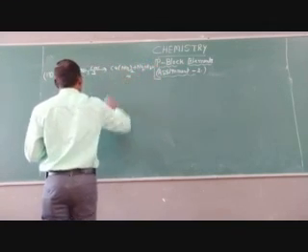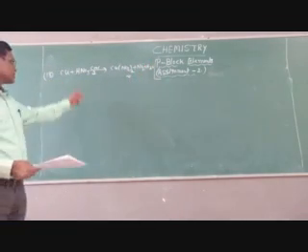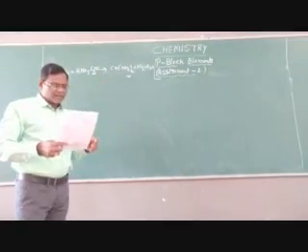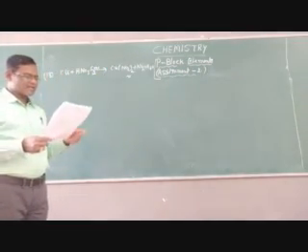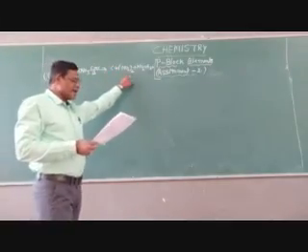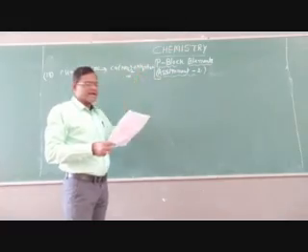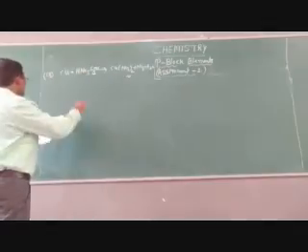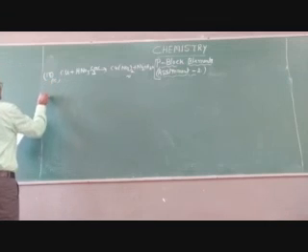These are the possible products, children. Very important: copper reacts with concentrated nitric acid, and copper reacts with dilute nitric acid, like that also important. When copper reacts with concentrated nitric acid, the product is copper nitrate plus nitrogen dioxide. So that is why option C is correct, children.